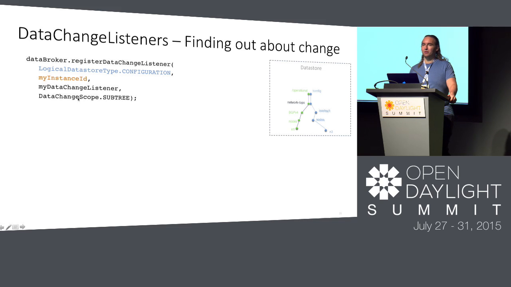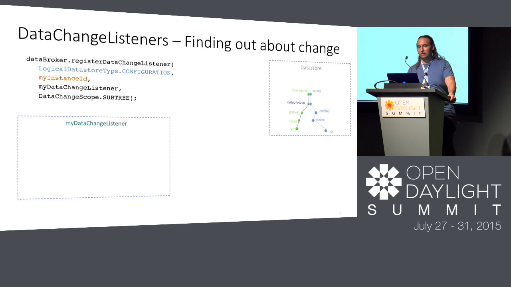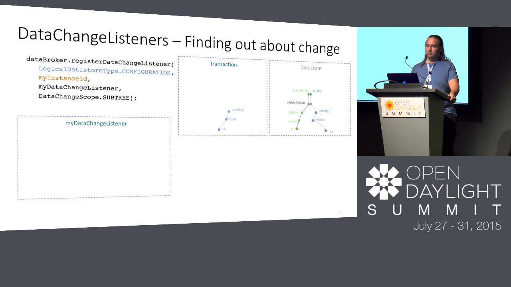This is very similar to what you see for LDAP, where you can choose how far down the tree you want to go looking for changes. When you do that, it creates a data change listener for you. A transaction comes in and is applied to the data tree.